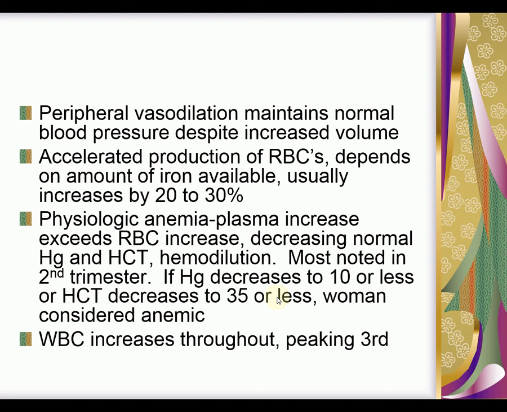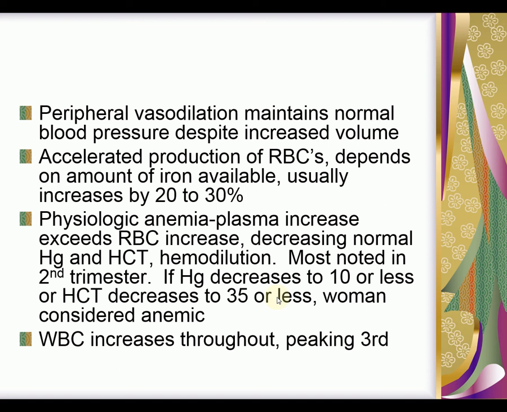If mom's not taking in enough iron, she's not going to make very many RBCs. But hopefully she's taking in enough iron that we're going to see an increase of about 20 to 30% of red blood cells in order to support mom's needs and the baby's needs, because iron is essential in the development of tissues.